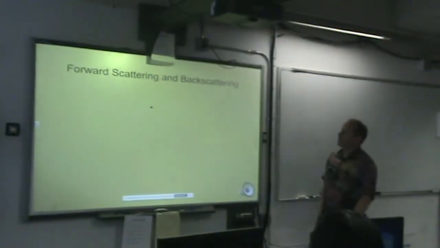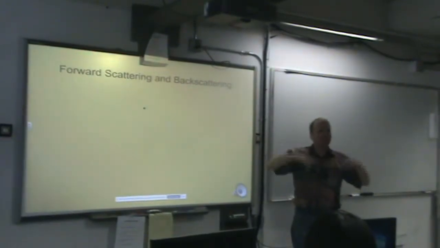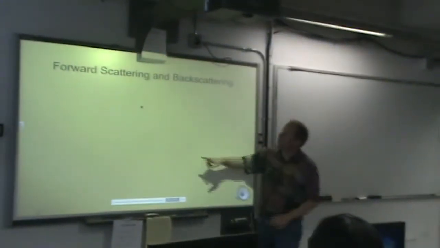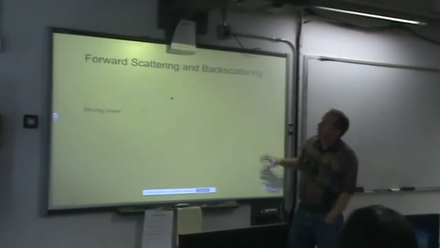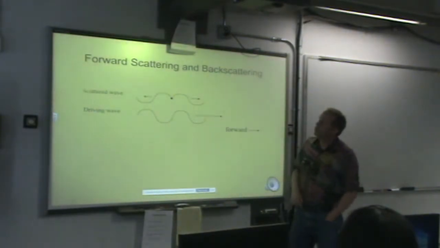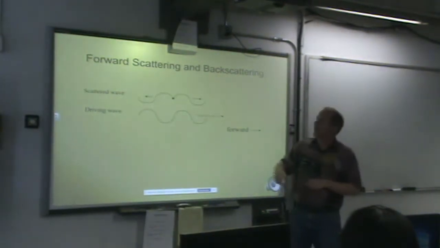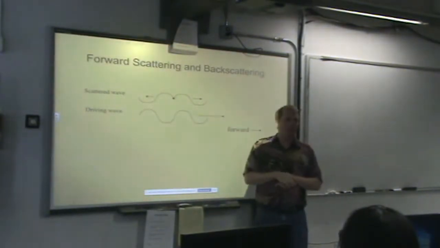So let's take this idea of circular waves and look at when things might be scattering forward and scattering backwards. So here I have a small little charge, and I'm going to send a wave past it, and it's going to produce waves going out. But the forward wave is lining up with the driving wave.